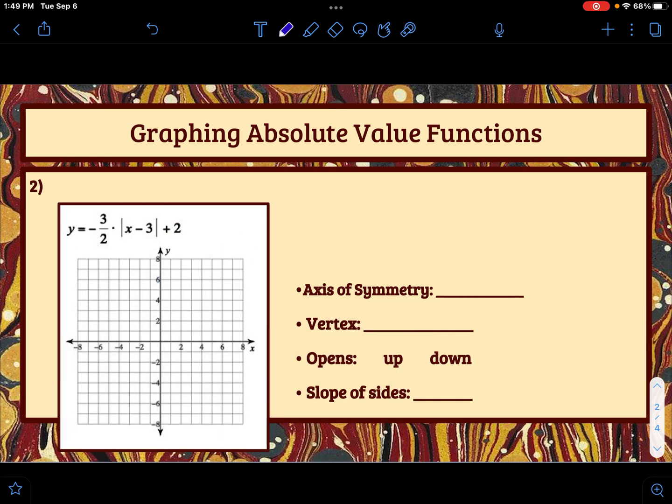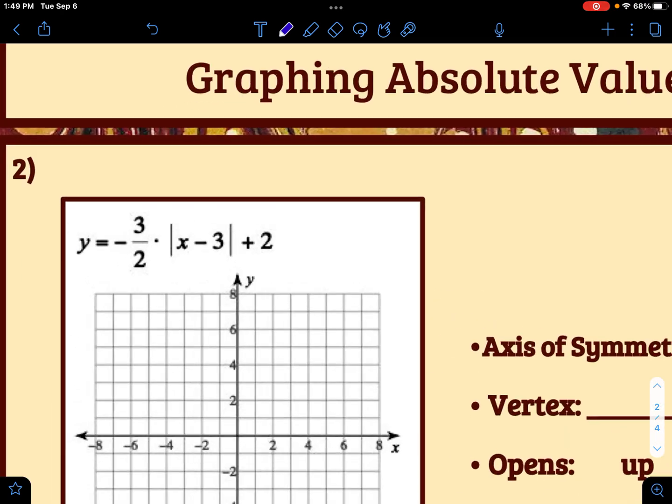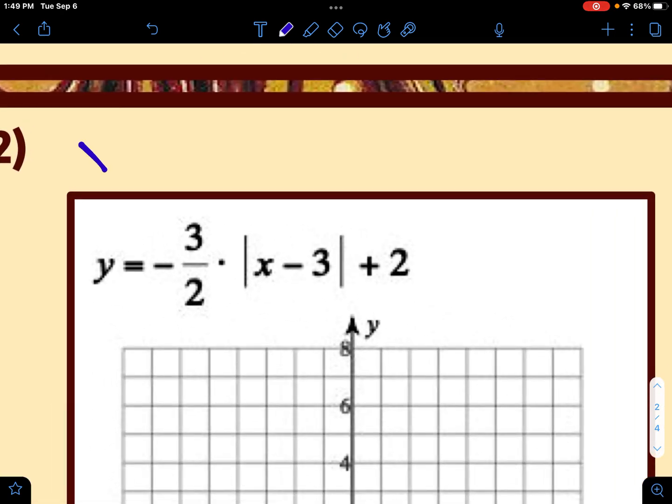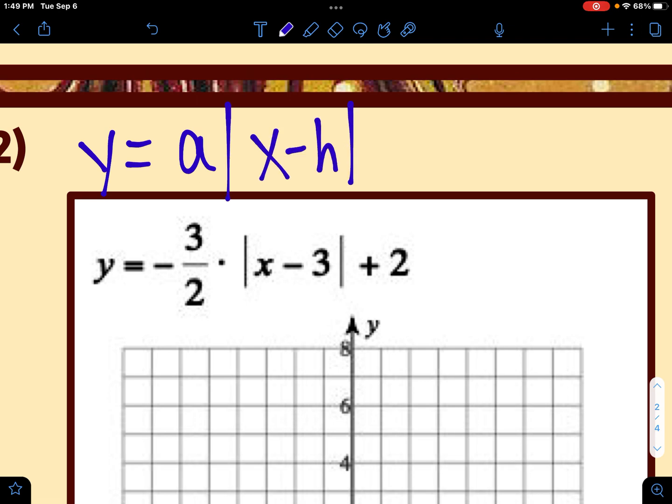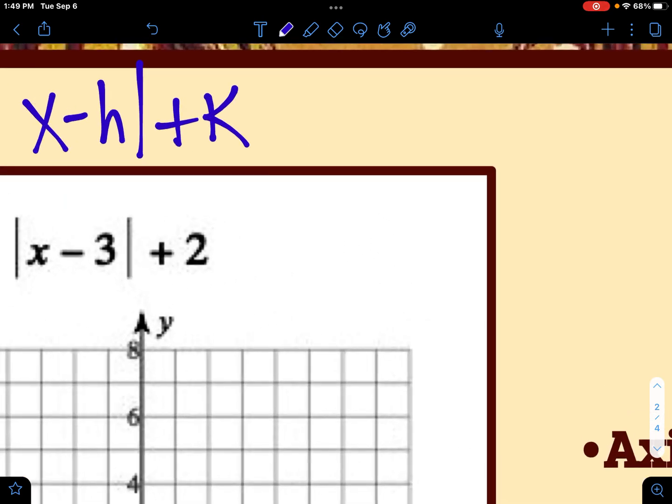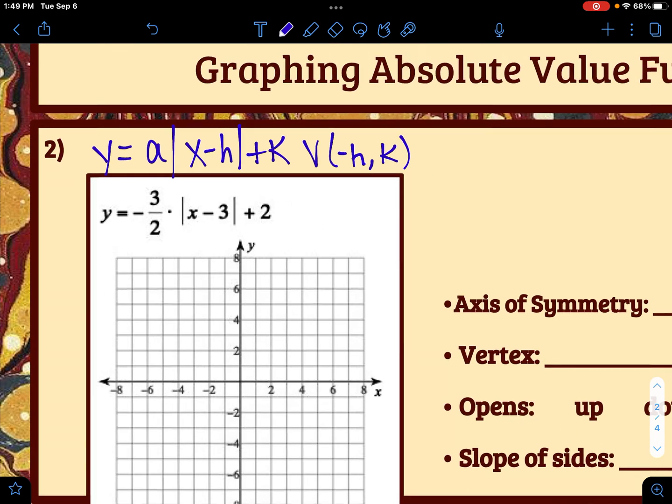Next one. Oh, this one's got a negative. Okay, I'm going to write this up here again. I'm going to do whatever I can to help my brain think through this. The vertex, negative h comma k.